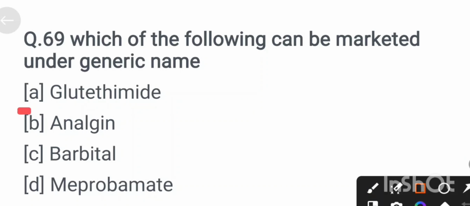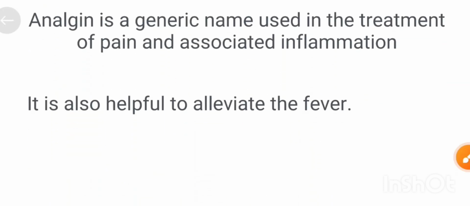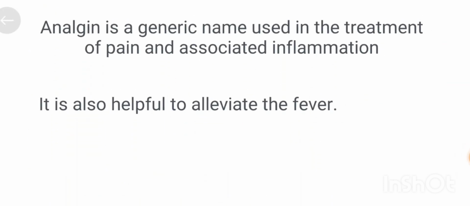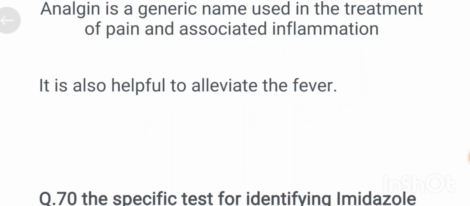Analgin, also known as metamizole, is a prescription drug belonging to the non-steroidal anti-inflammatory drugs. It is prescribed for reducing pain, inflammation and fever.